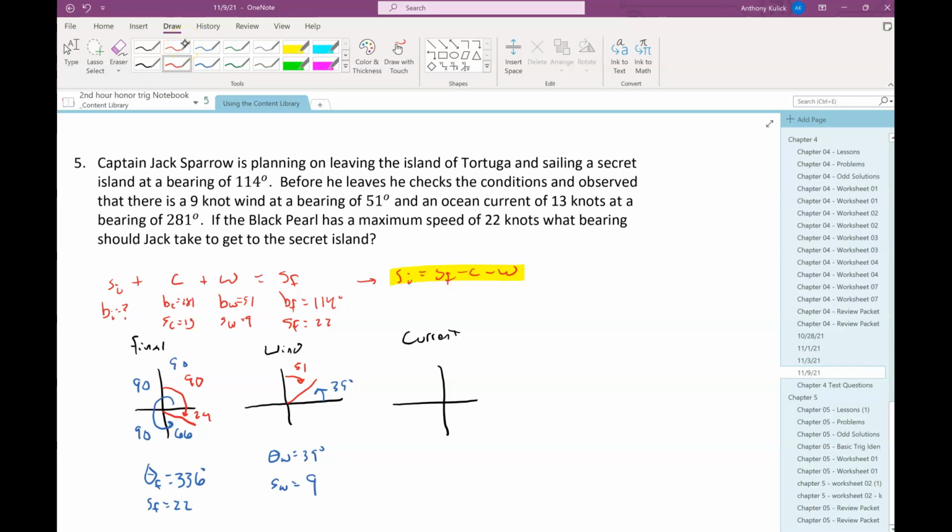The bearing on the current is 281. So we're up over here somewhere. 90, 90, 90, and then 11. So that's going to be 90 and then 79.